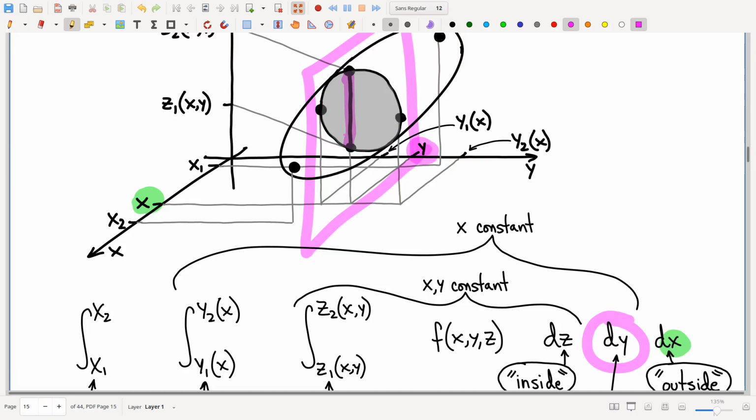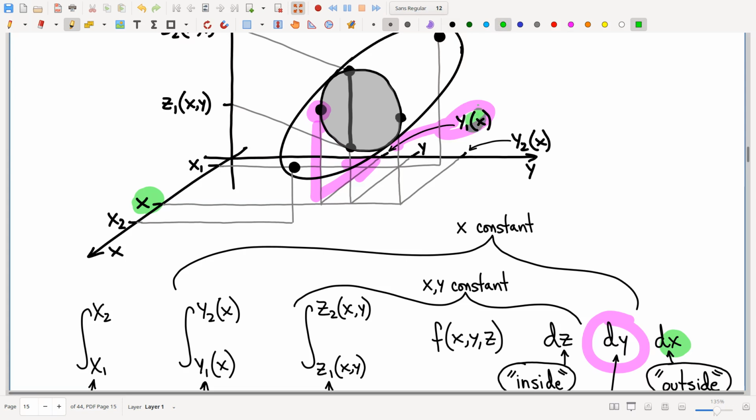And now let's talk about starts and ends. Well, the first one of these y slices is just that point right there, which gives me my y1. Notice it depends on x.